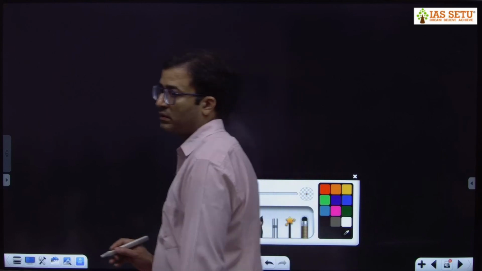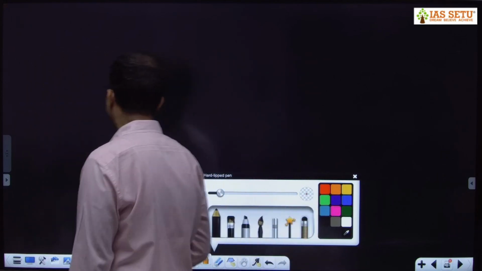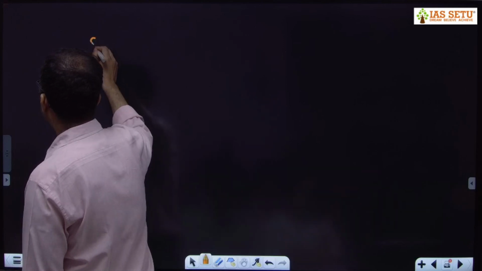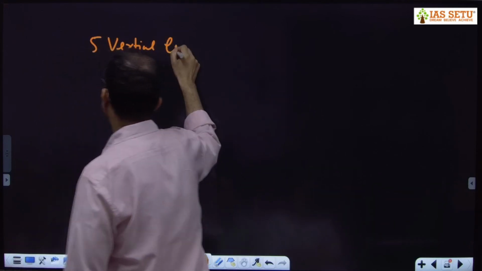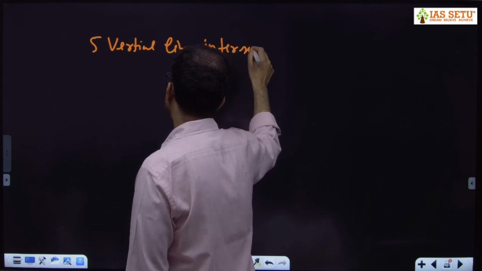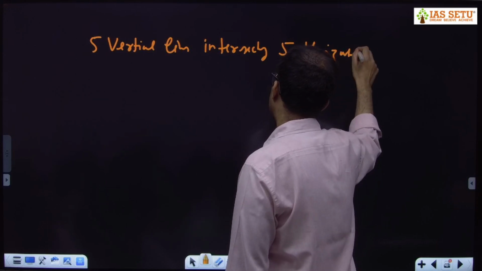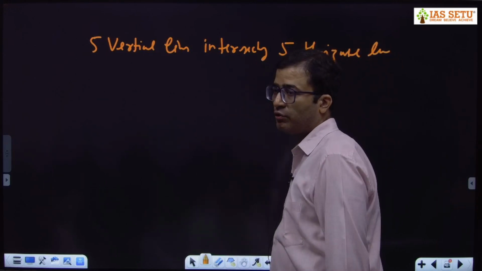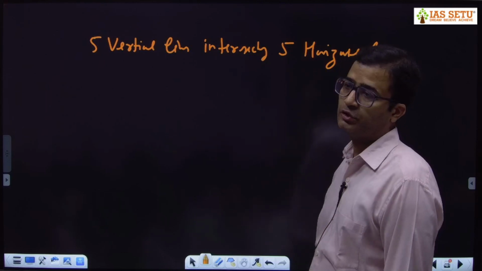Now here examiner will say there are 5 vertical lines intersecting 5 horizontal lines. There is a set of 5 vertical lines intersecting another set of 5 horizontal lines.